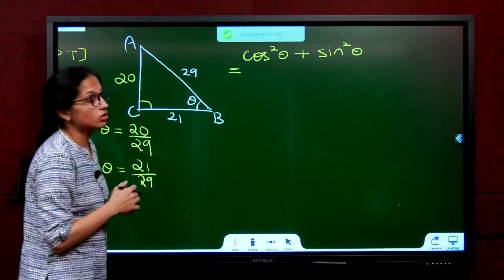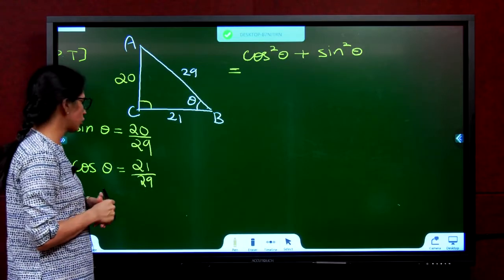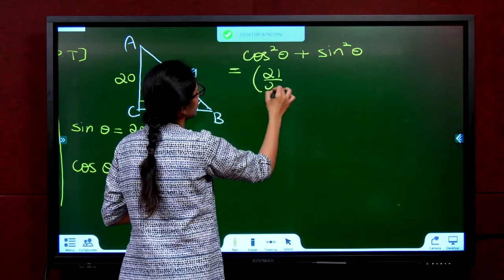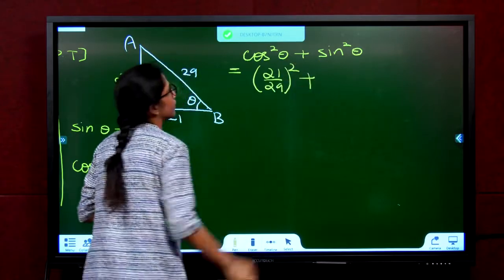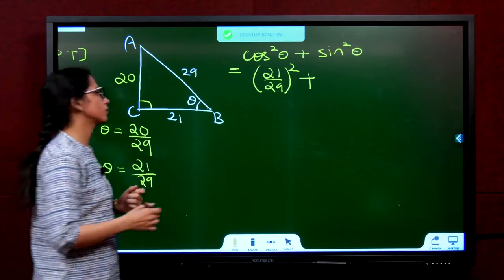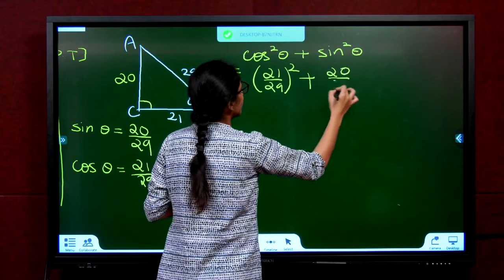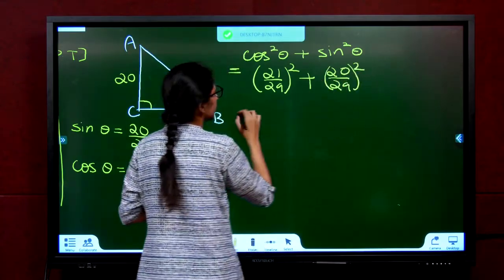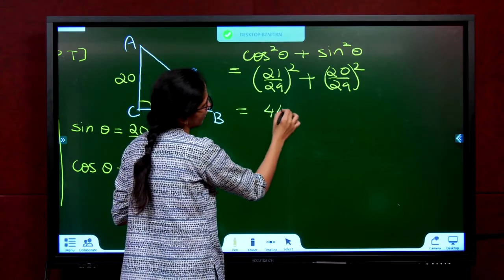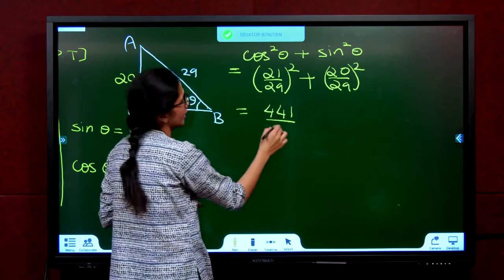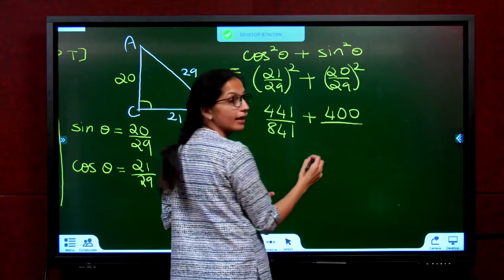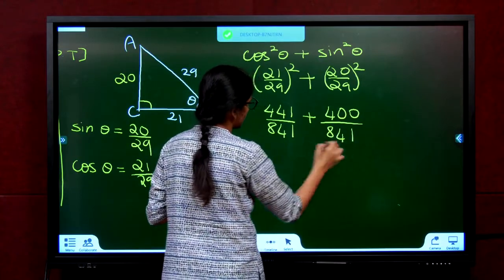Now, cos square theta, that's nothing but cos theta the whole square, but we know cos theta is 21 by 29. So I can write this as 21 by 29 the whole square. Sine square theta is nothing but sine theta the whole square. What is sine theta? 20 by 29. 20 by 29 the whole square. 21 square, we just found out 441. 29 square, 841. 20 square, 400. 29 square, 841.